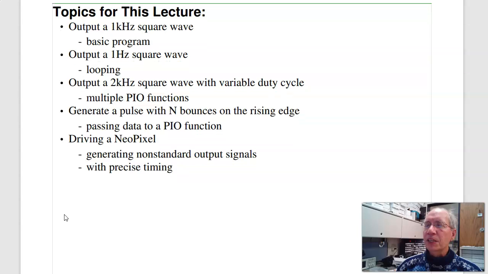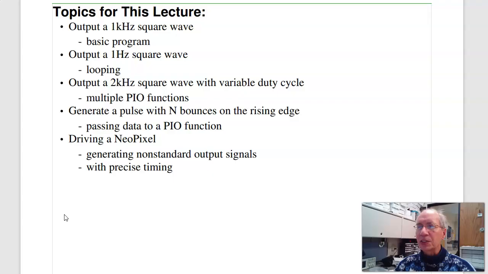The topic for this lecture, we're going to look at how to generate a 1 kHz square wave using the PIO functions. That's the basic program. Modify it to add wait states to output a 1 Hz square wave, basically looking at looping. Output a 2 kHz square wave with a variable duty cycle, illustrating multiple PIO functions.